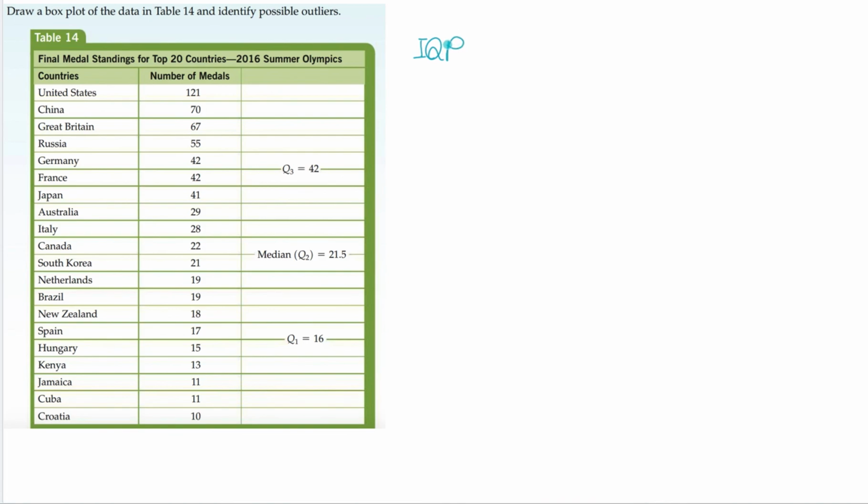How do we find IQR? It's Q3 minus Q1. What is Q3? 42. What is Q1? 16. So subtract 16 from 42, and what do you get? You get 26.